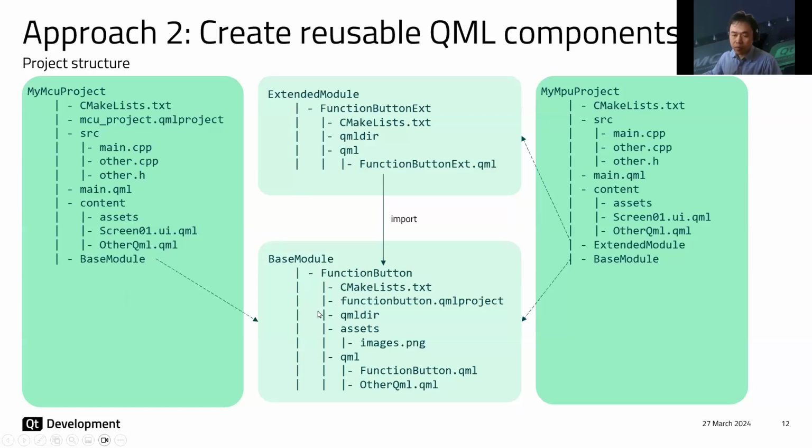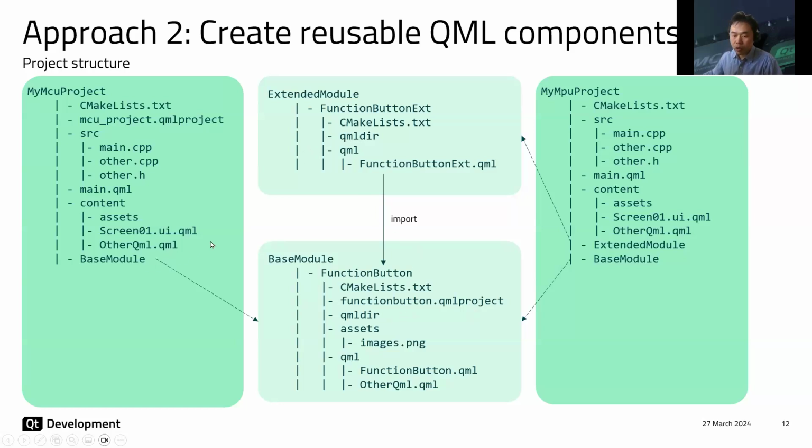In the base module repository, you can create your reusable components like this function button. You can have the QML files, the image asset files, and the CMake list file that will later be used for the MPU project, and the QML project file that will be used for the MCU project.